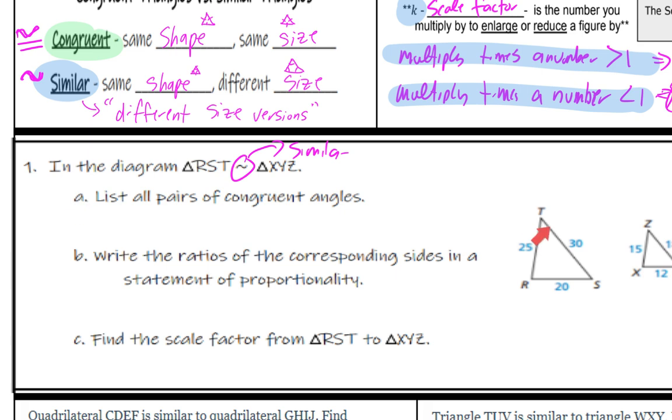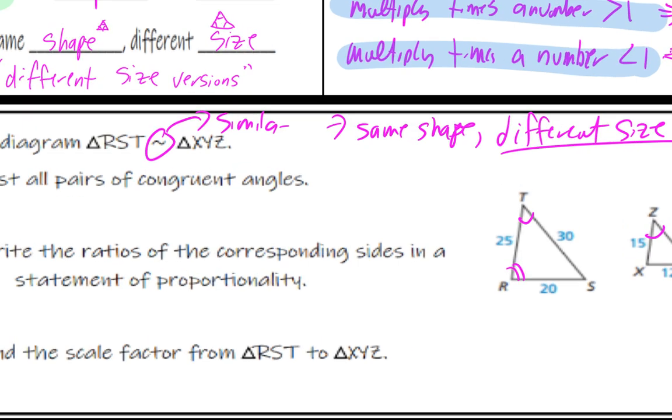We know this angle right here is going to be congruent with that one, because let's look at the sides. We have a short, medium, and long. If these are similar, same shape, different size, then this angle in between the medium and the large has to be the same as the medium and large. So this angle right here, what if I put 2 on that one?